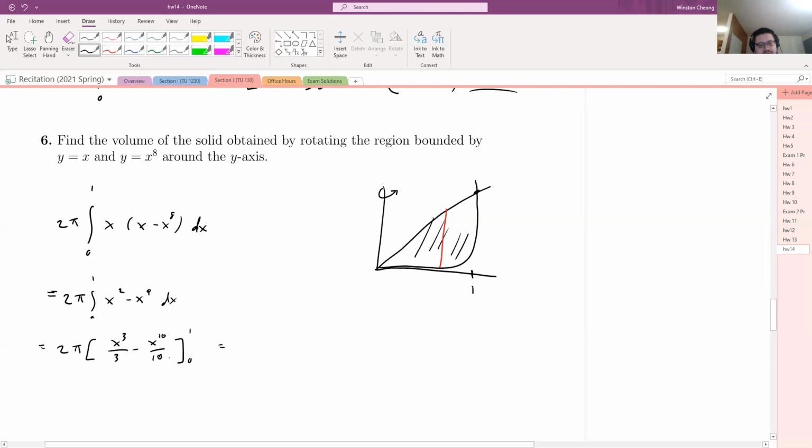Plugging in 0 is just going to give me 0, so I can ignore that. And then plugging in 1 is going to give me a third minus a 10th. 10 minus 3, 7 over 30, 14 over 30 pi, which we would want to simplify to 7 over 15 pi.